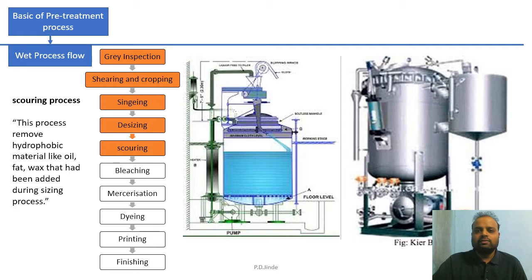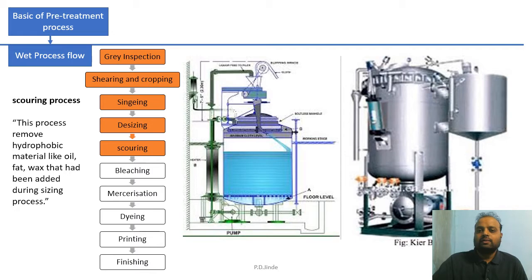So initially the fabric is placed into the kier. You can see over here, this is a kier machine. This is also a kier machine. You can say it is like a pressure cooker which is present in our home but larger in size. The fabric along with the scouring chemical is placed into this cooker, or kier.